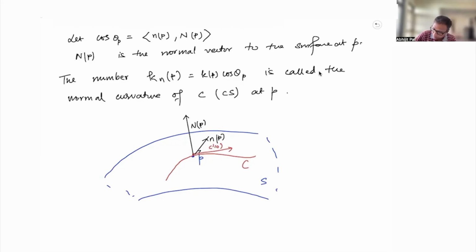And this theta is the angle between this capital NP and small np. Okay.